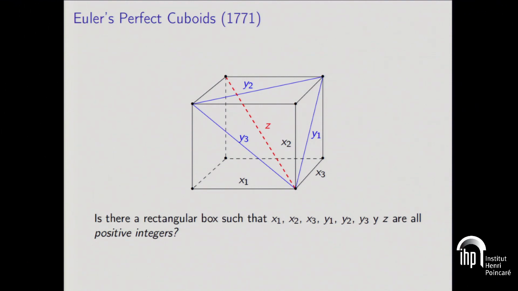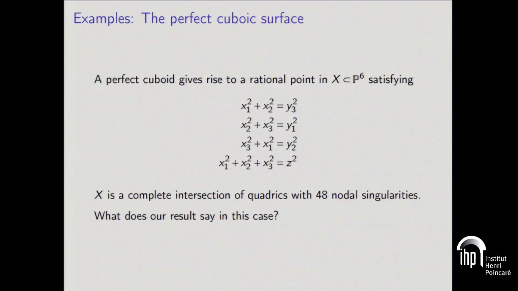So we whip out the Pythagorean theorem, and we see that such a box would give rise to a rational point on a certain complete intersection. And it has a few singularities. It is, in fact, 48 singularities. But sadly, it's too few singularities in this case. We're unable to use the result on the nose to say something.